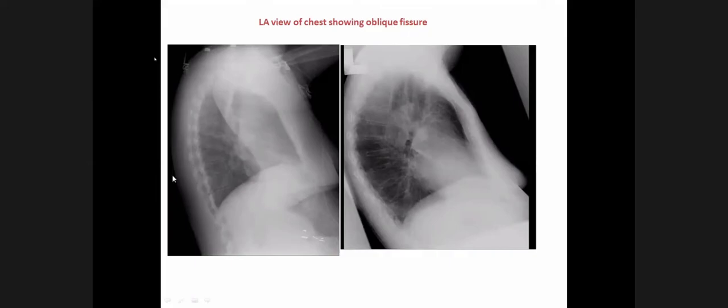From the lateral view, how can we know this is the right lung or left lung? From the frontal, it is easy to differentiate, but from the lateral view, how do we know?